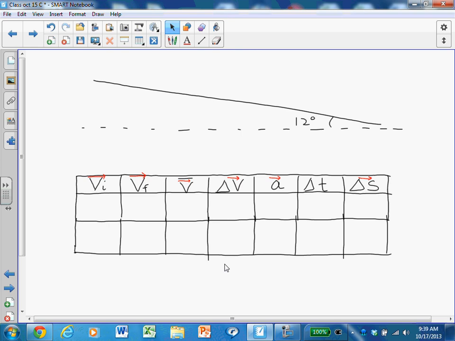Who's finished the first part, the first column, the first row? No one? Brinson, right? And Kayla, want to show me those? Okay, good.